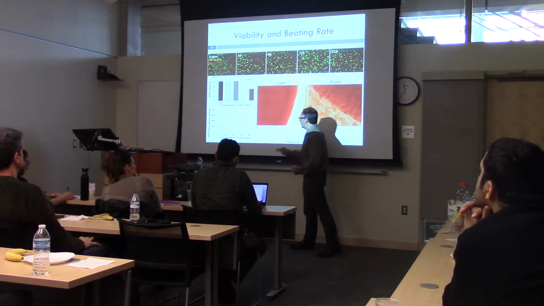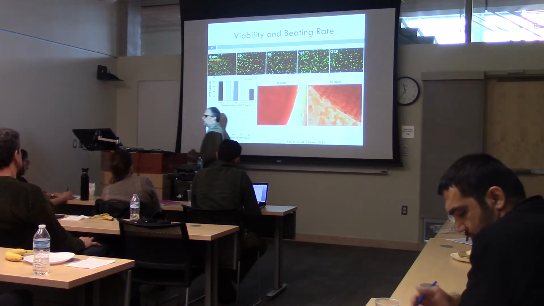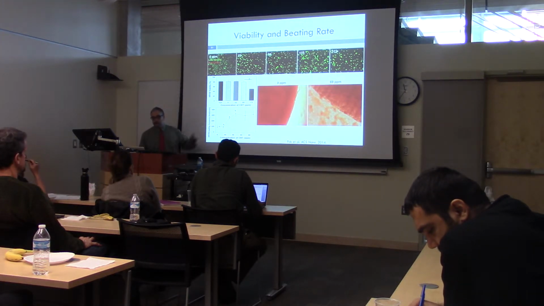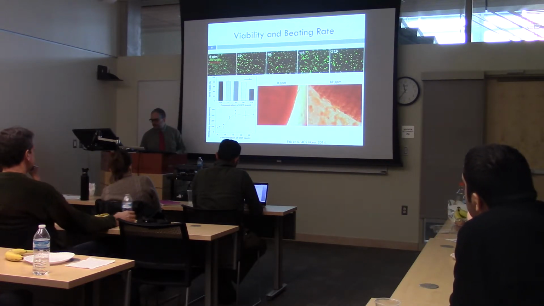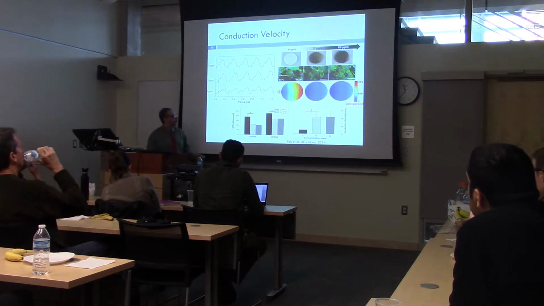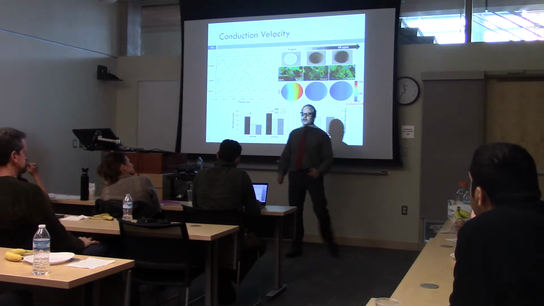And we put this in, we see higher beating frequency when we grow cells with these single-walled carbon nanotubes in the scaffold that the cells are growing in. And the great thing is conduction velocity. And you saw those other ones. Here, we greatly increase the conduction velocity.